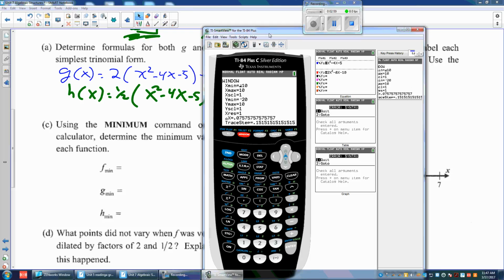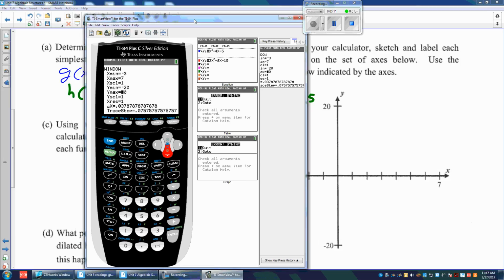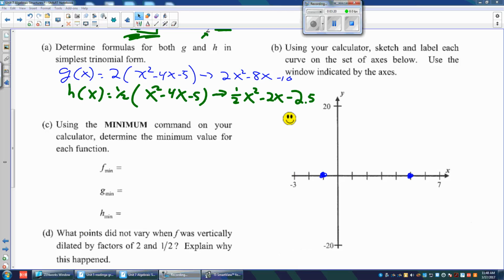Now you notice on the question, the x's go from -3 to 7, and y from -20 to +20. Now I'm just going to sketch that over here. I want you to be aware of a couple facts.